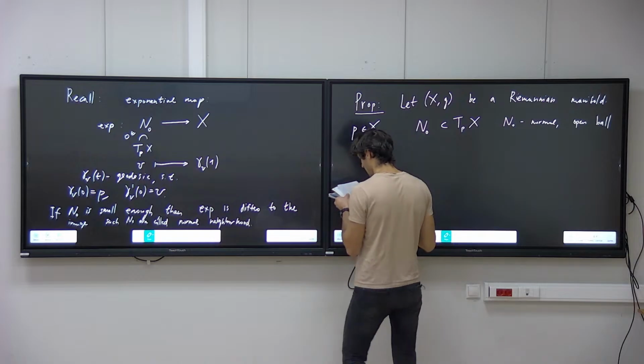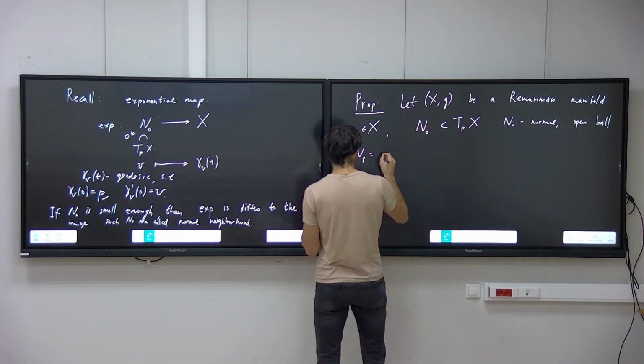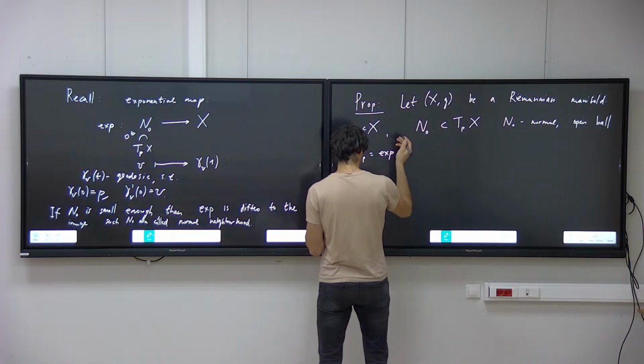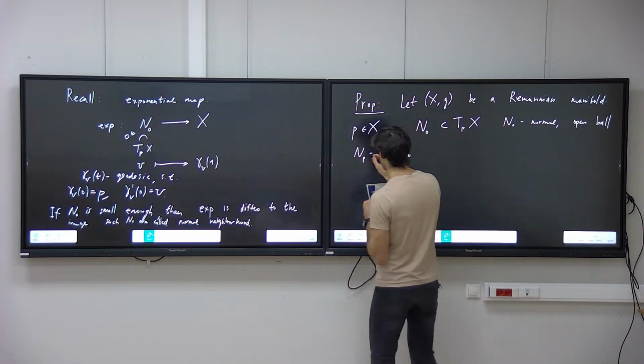All right. Also, let me denote N_P to be the image of N0 under the exponential map, just the definition.